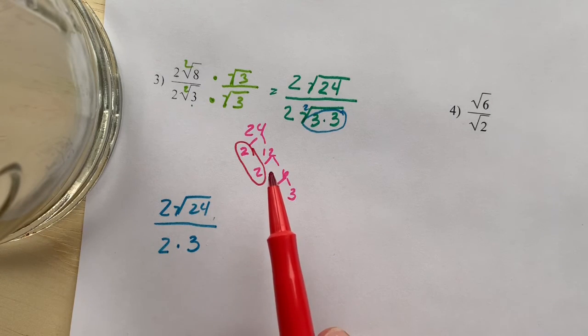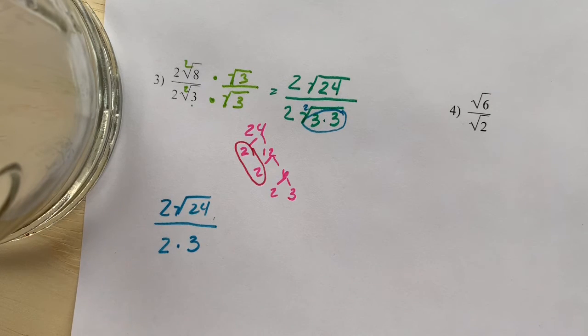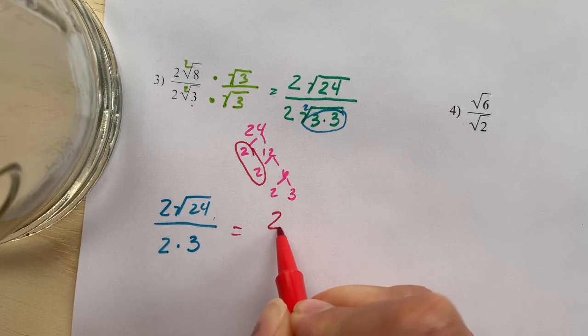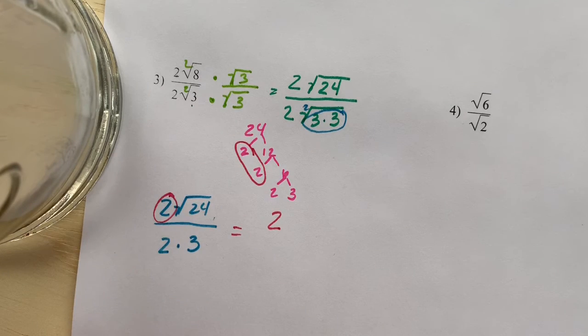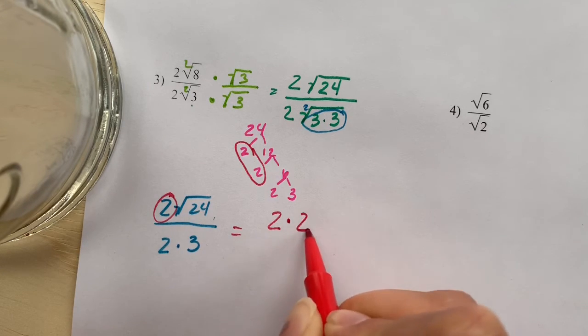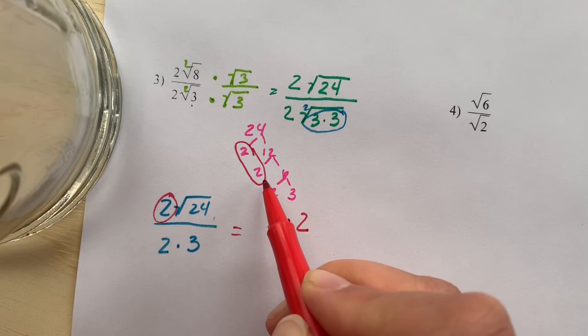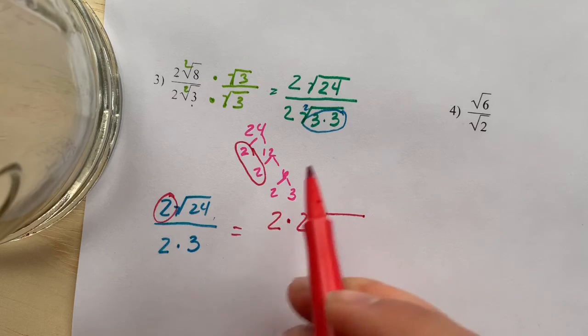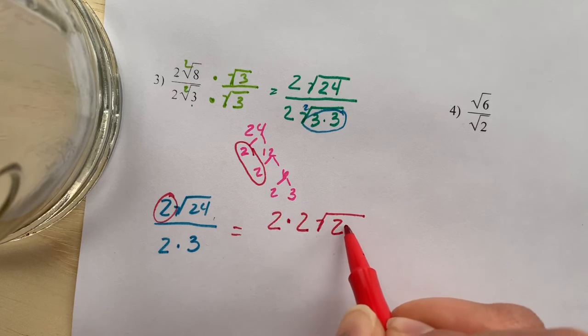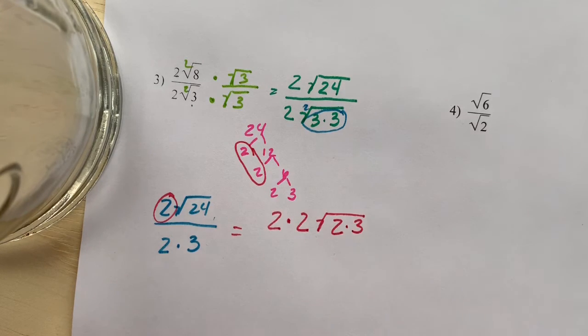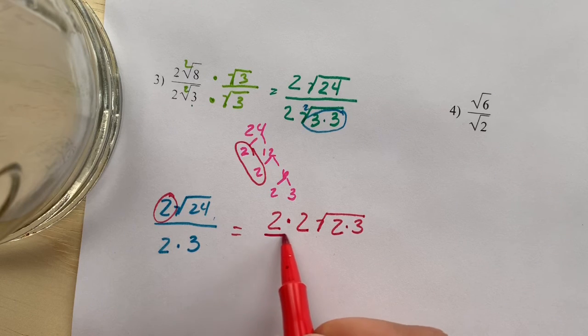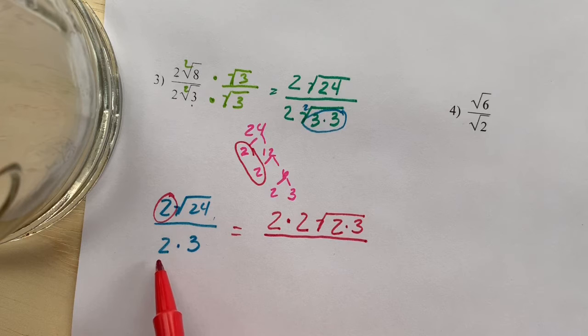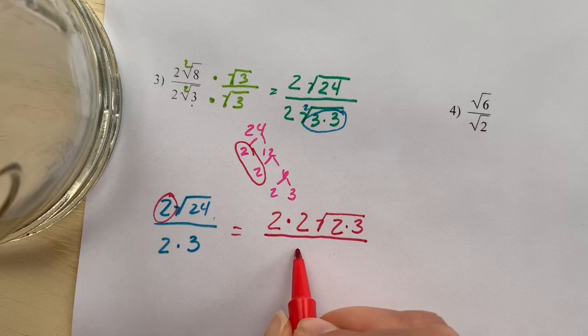So now what that means is that this becomes 2 because of this 2 times 2 because of the 2 that I took out, square root of 2 times 3. Those did not get circled, so they stay inside my radical. And that is over 2 times 3 is 6.